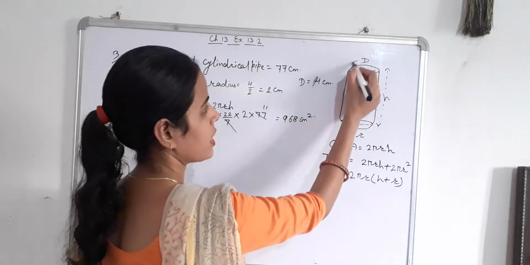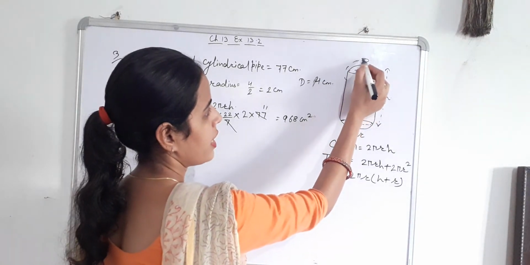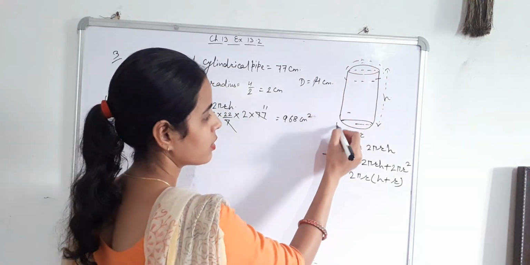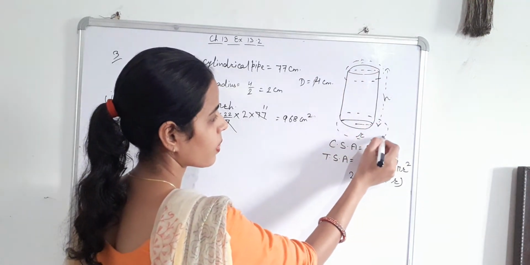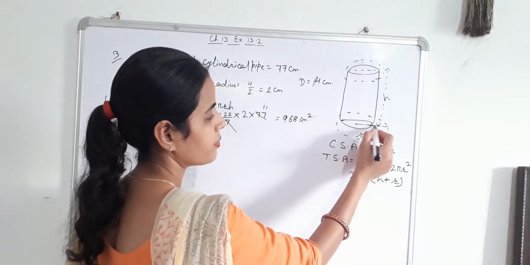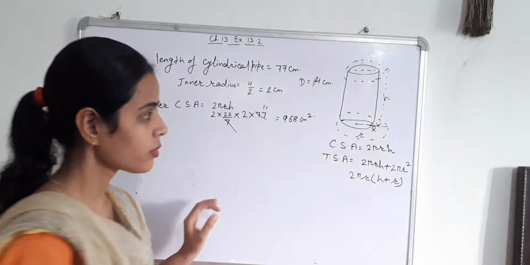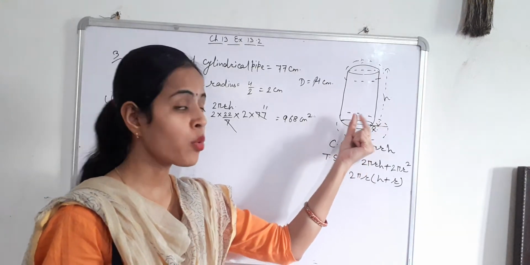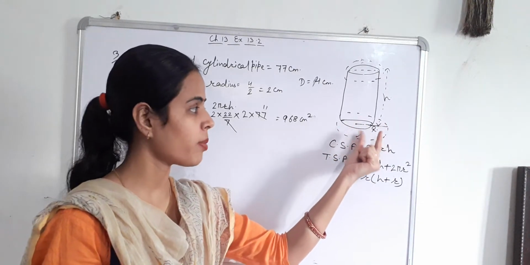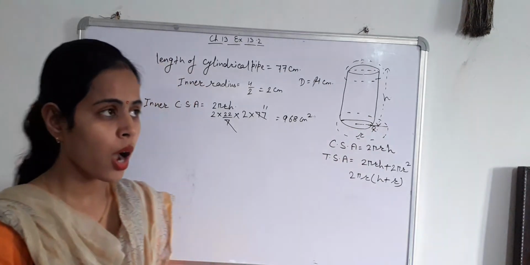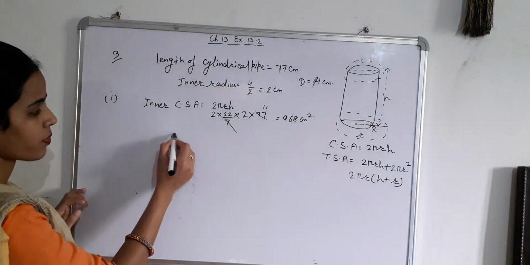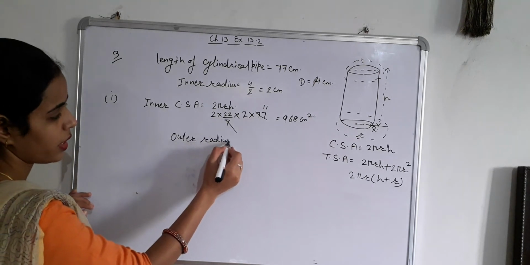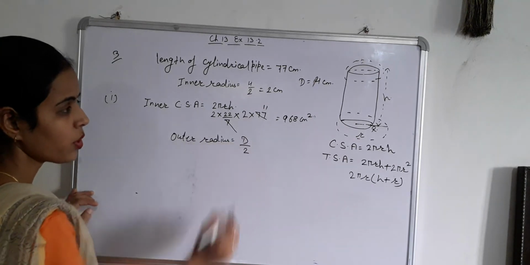Outer covered surface area. This cylinder has inner and outer dimensions. Inner radius is denoted by small r and outer radius is denoted by capital R. Outer radius equals diameter upon 2.